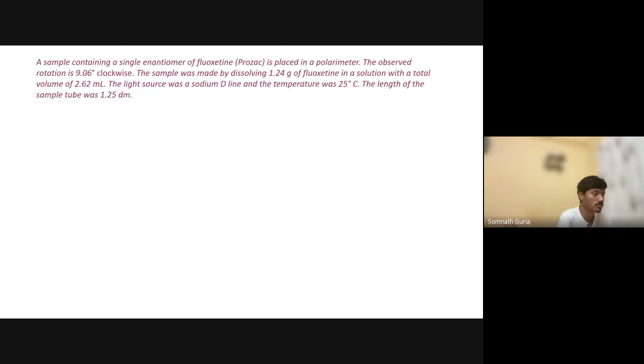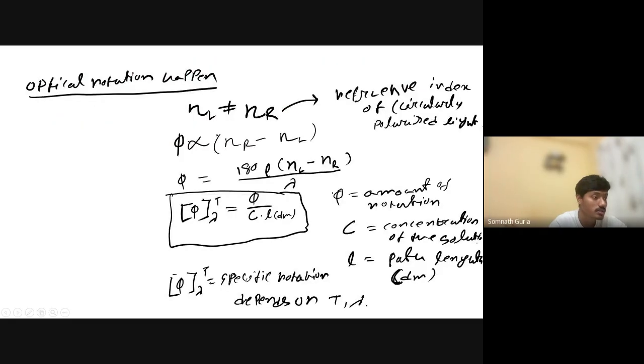So everything is given. We have phi, which is 9.06 degree. We have to calculate C. C is 1.24, and the unit of C will be gram per ml.